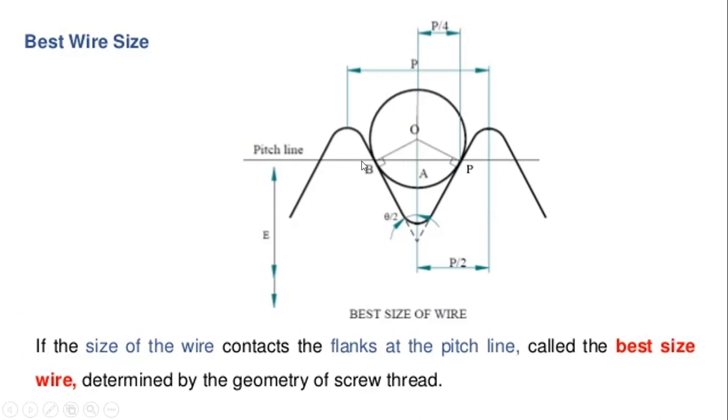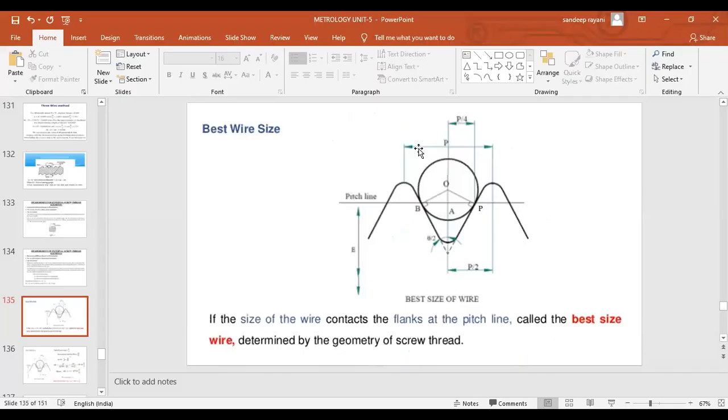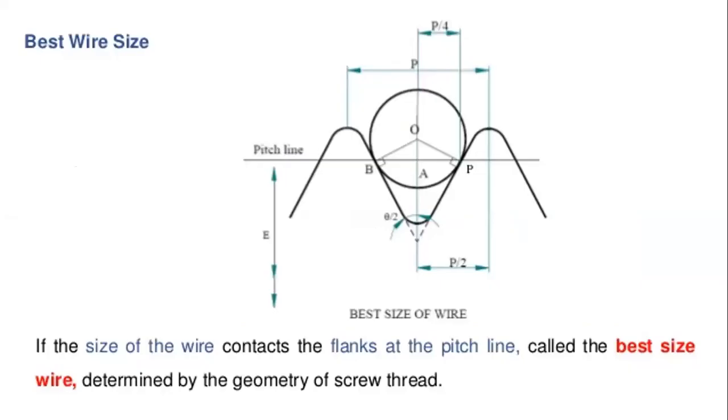This is the pitch line, in which we have three points, B, A and P. These are the three points for the pitch line condition, and we have OB and OP as the radii of the circles, and theta is the angle of the screw thread.